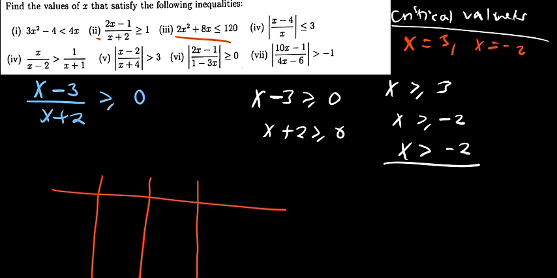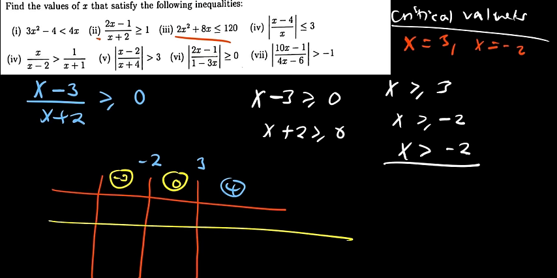So in this table, I'll start with -2, then 3. A number greater than 3 is 4. A number in between, I can put 0. A number here, -3. Perfect.